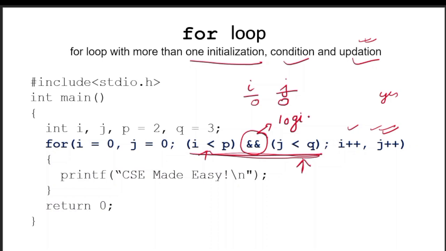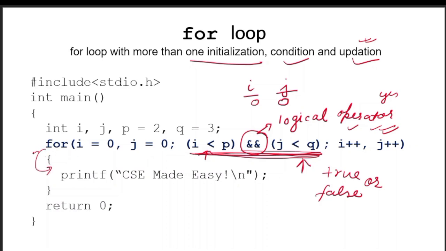You have to connect all your test conditions with a logical operator. Why is it so? So that only one value, either true or false, is returned after this whole expression, so that your loop can decide whether to enter or come out of the loop.